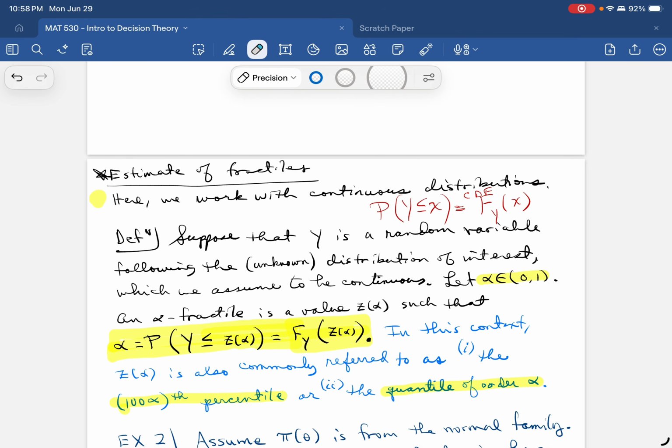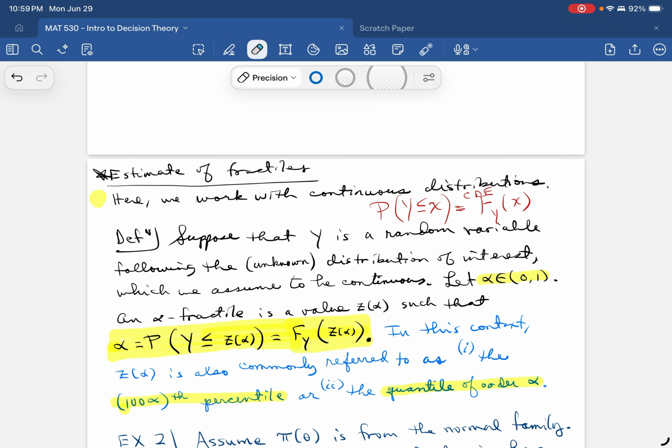And in this context, this is also referred to as the 100 alphath percentile. Because, for example, if alpha were 0.25, then that's the 25th percentile. It could also be called the quantile of order alpha.